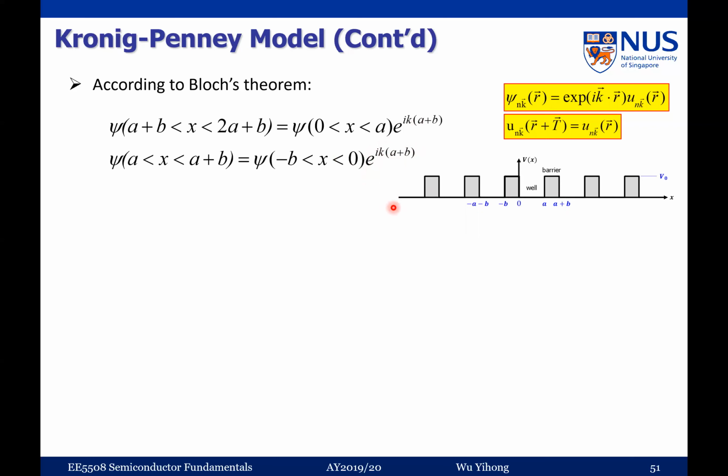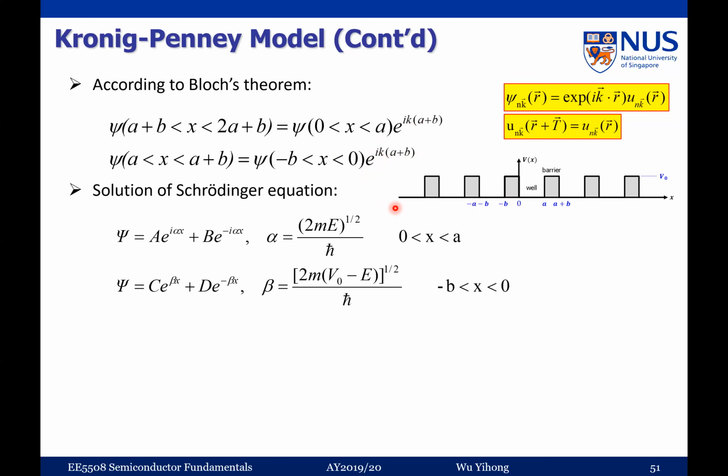So this is what we have, and after that, we will solve this, substitute this into the Schrodinger equation. Sorry, we don't substitute this one yet. Okay, we just look at the Schrodinger equation from the previous slide.